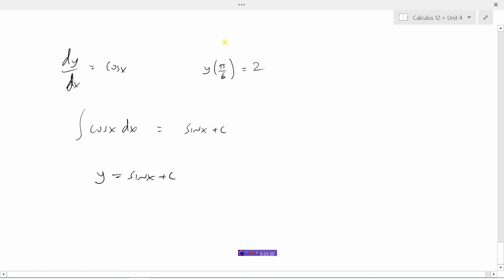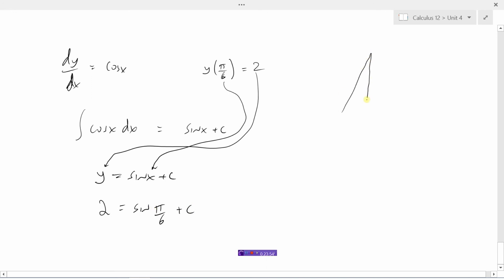Now in order to figure the constant out, we need to put our x value in here and our y value in here. So we get 2 equals the sine of pi over 6 plus c. Now the sine of pi over 6, that's one of our special triangle angles. So it looks like the sine of pi over 6 would be 1/2, opposite over hypotenuse.